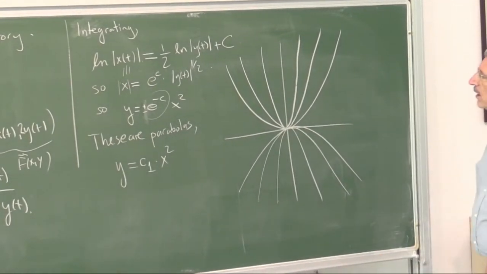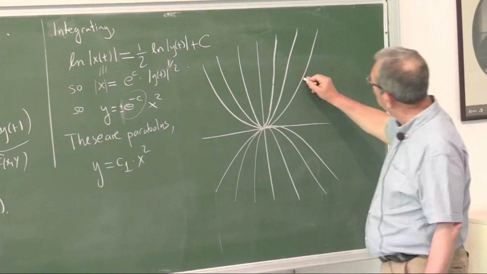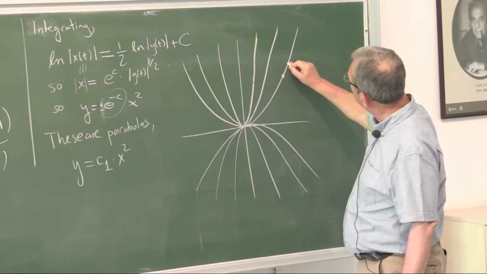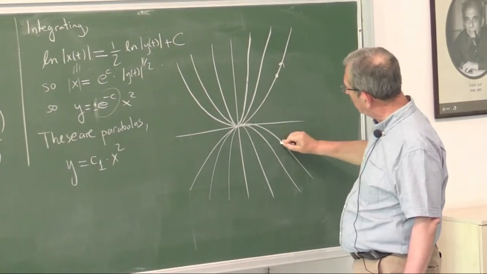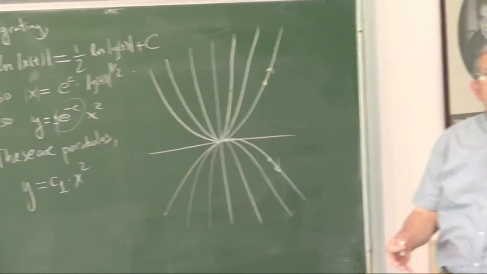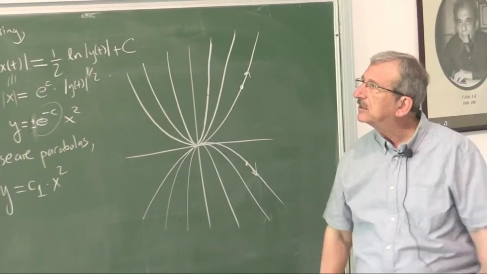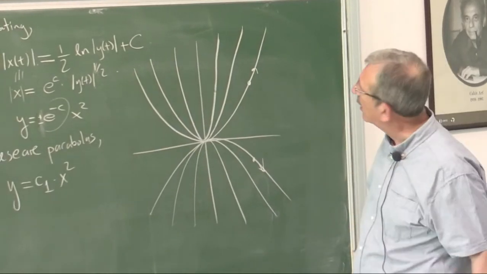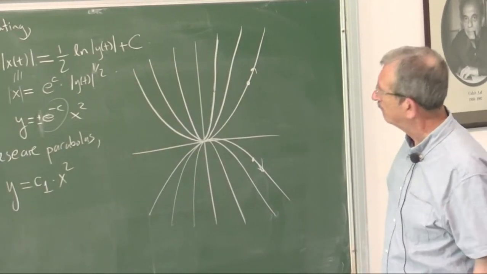It tells us that if you put somebody here, it will move in this direction, or if you put it here, it will move in this direction. So these are the paths your point mass, or whatever you put there, follows.